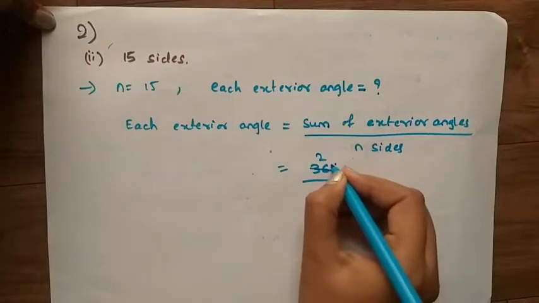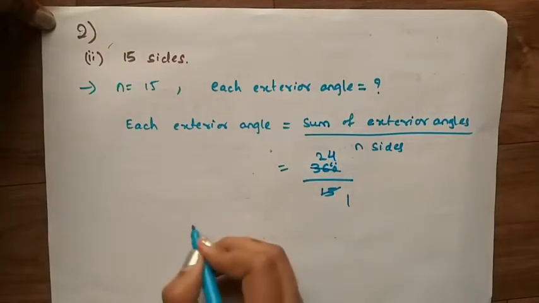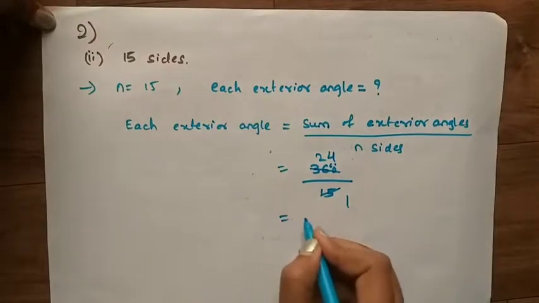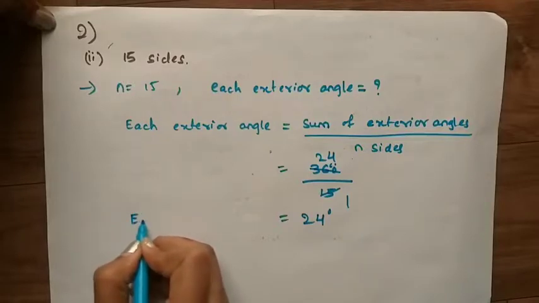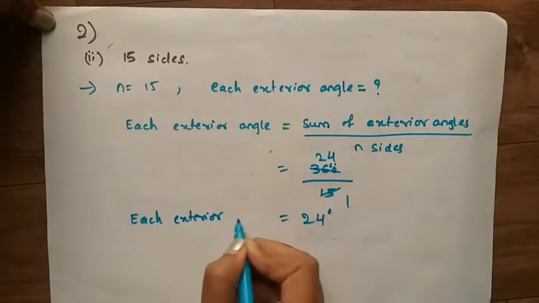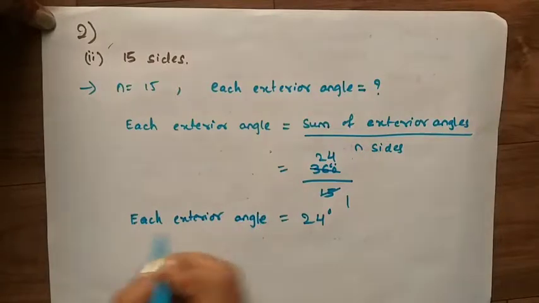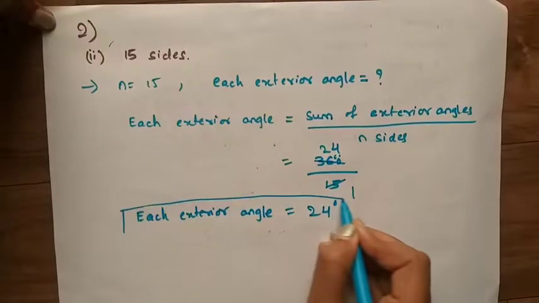The remainder is 6. This means we get 60. So we know that 15 fours are 60. So the answer is 24 degrees. So each exterior angle is how much? Each exterior angle is equal to 24 degrees. This is the solution.